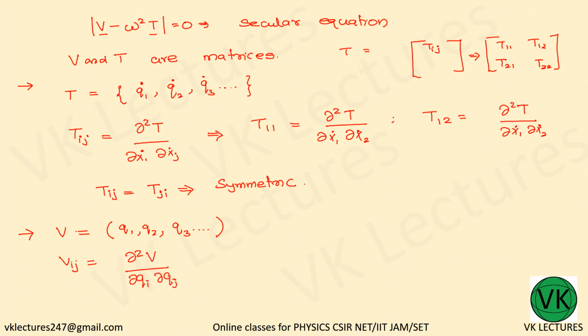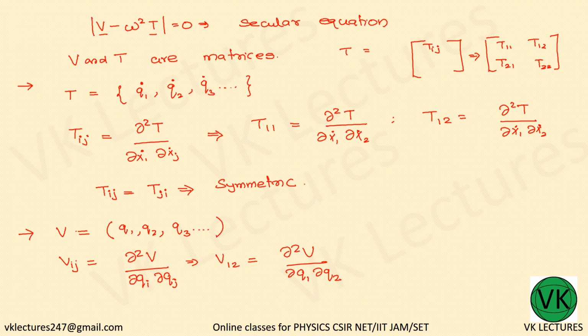So this is how we can write the matrix. Now if we need V12, that will be dou square V by dou q1, dou q2.